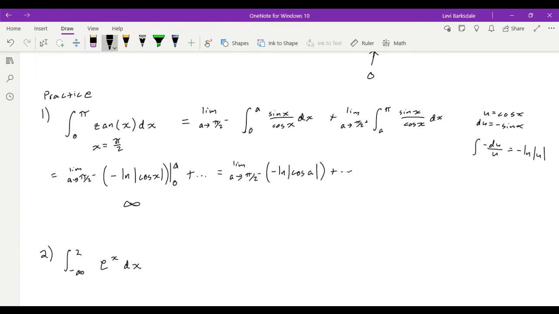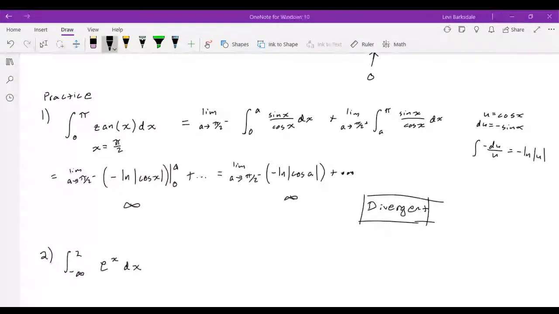I'm just ignoring the 0 term, because the important bit is once I take this limit, I would get the limit as cosine goes to 0, which is the limit as natural log goes to 0, which gives me negative infinity. Flip it, it gives me positive infinity. And because infinities don't cancel, that is enough to say that this is divergent. Cool.